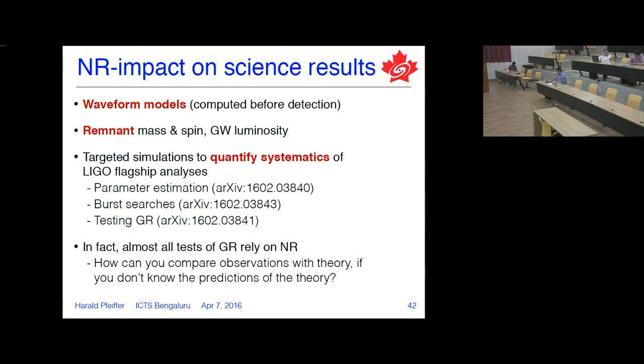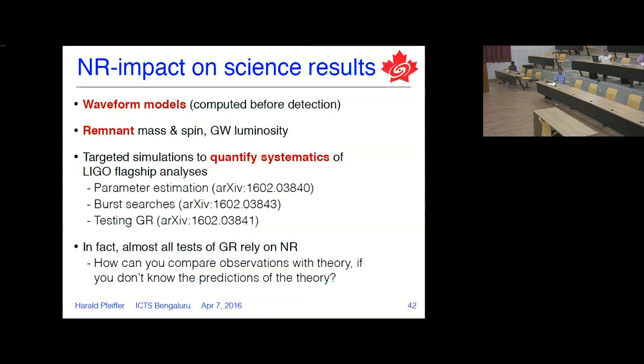And after the detection, starting in September last year, numerical relativity ran a significant number of targeted simulations near the parameters of the event to quantify systematics of all the LIGO flagship analyses, parameter estimation, burst searches, as well as testing general relativity.